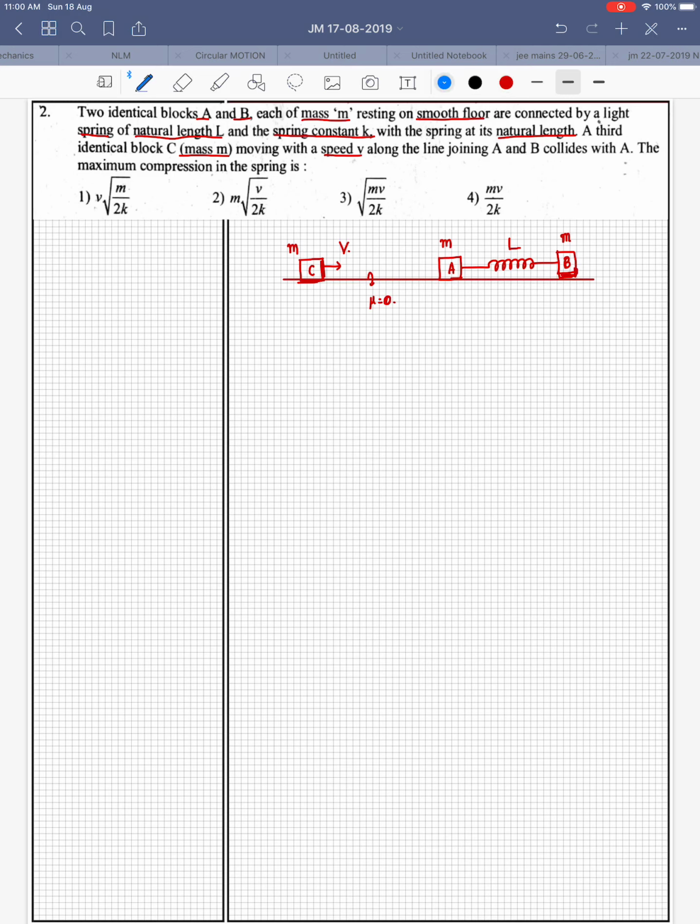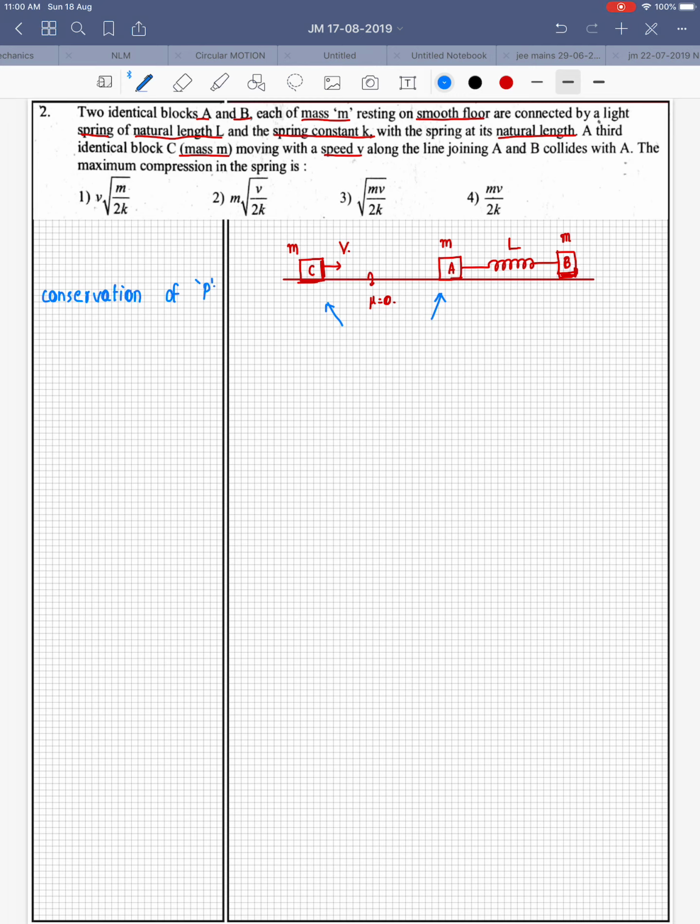Okay, here we use the concept of collision, and that is conservation of linear momentum, that is conservation of P. So as we said, if we take C, A and B as a single system, when there is a collision, there is no external force.